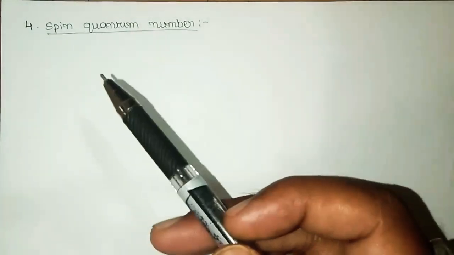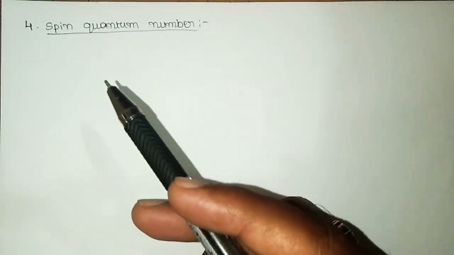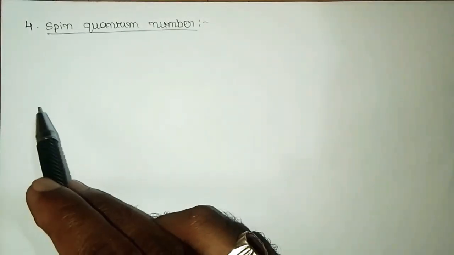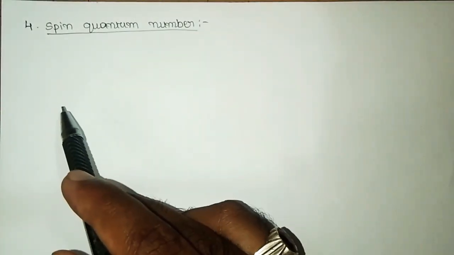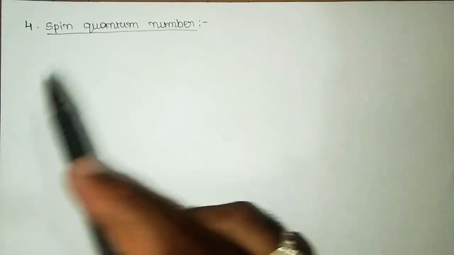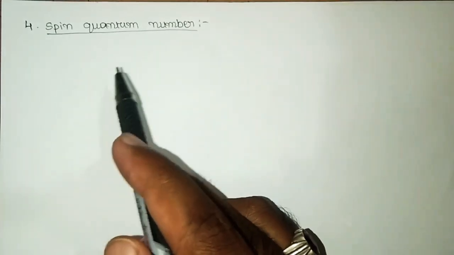And because of its spinning, the electron actually acts as a tiny Bohr magnet, so that it develops a magnetic field around it. And because of its spin motion, in analogy with the orbital angular momentum of the electron, for the spinning of the electron also, we can calculate the spin angular momentum for the electron which is present in an orbital.